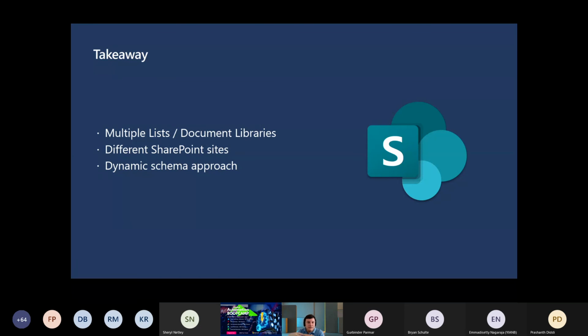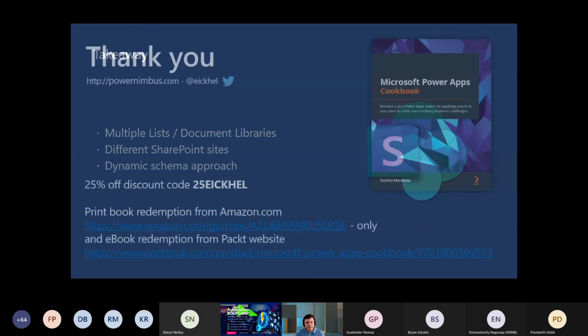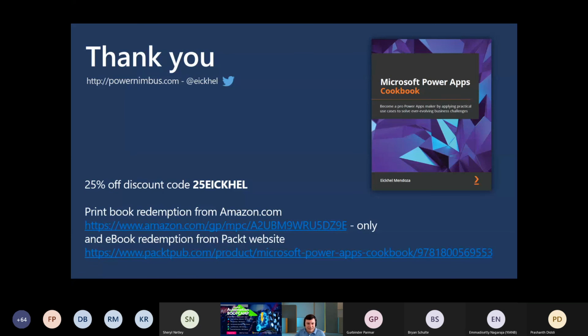You can use this for different SharePoint sites, so you can have only one flow and use it on many sites. And the dynamic schema approach that I told you about just at the end, so you can simply put the specific column that you need to work with.